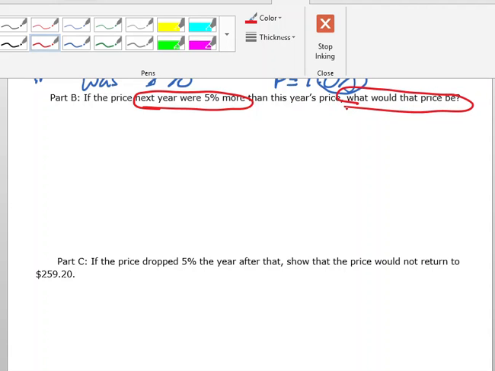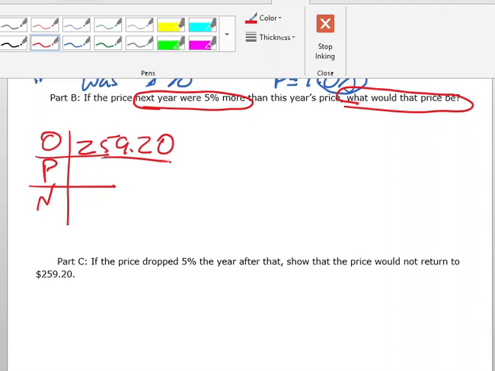So now, again, I'm being asked for a price. Last time I was being asked for the percent increase. This time I'm being asked for the price, okay? So I have my OPN. I have my original, which from last year, what did we pay? $259.20. My percent increase is 5%, and that's going to give me my new price.